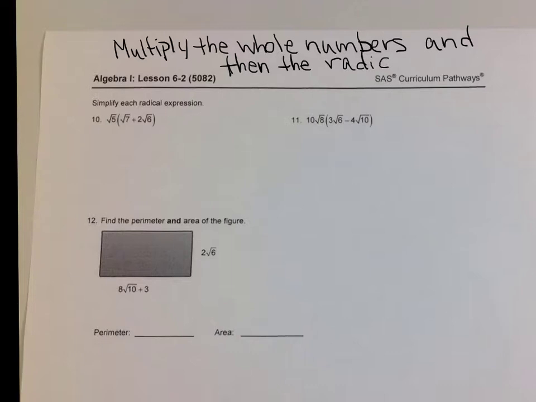All right. So number 10, the square root of 5 times the square root of 7 is going to be the square root of 35 plus the square root.